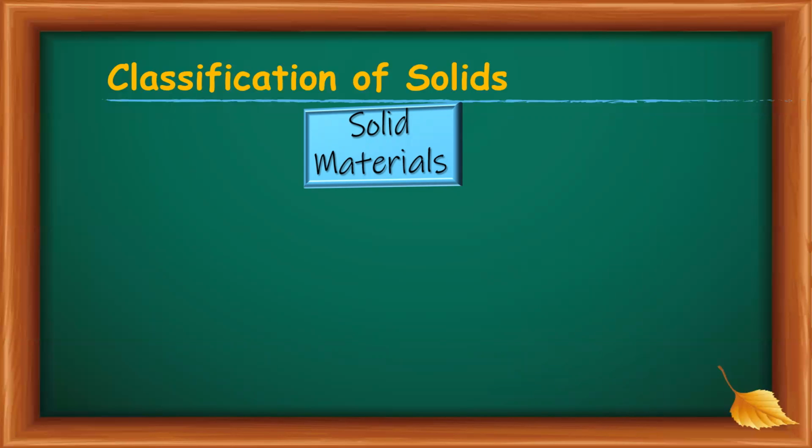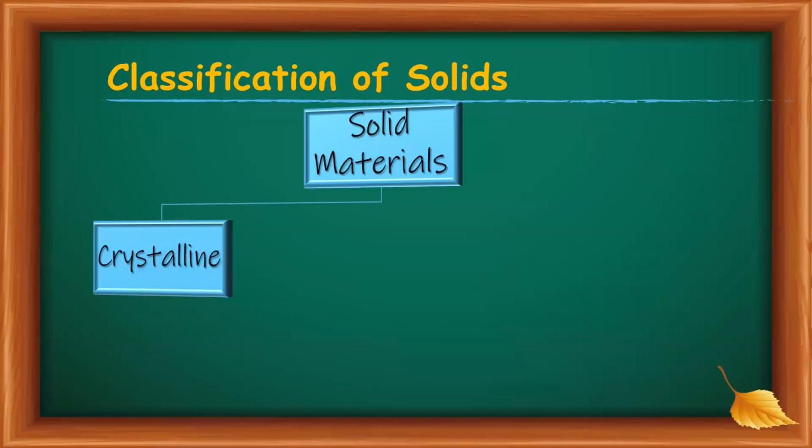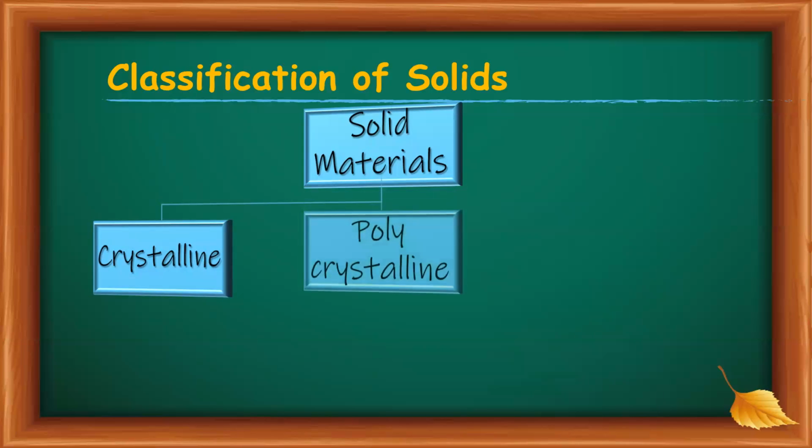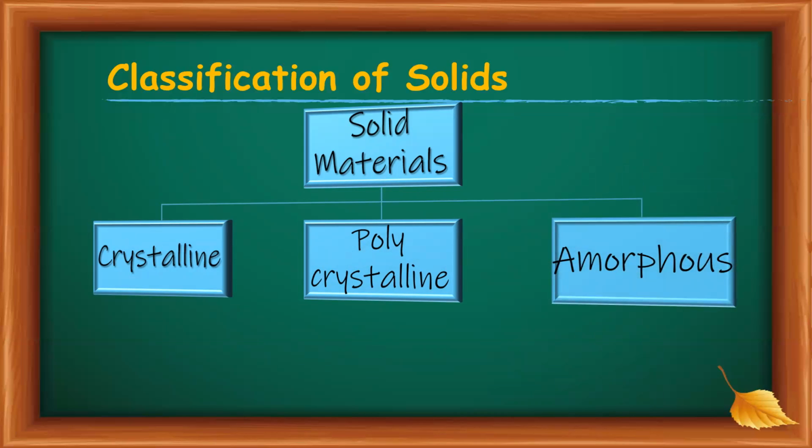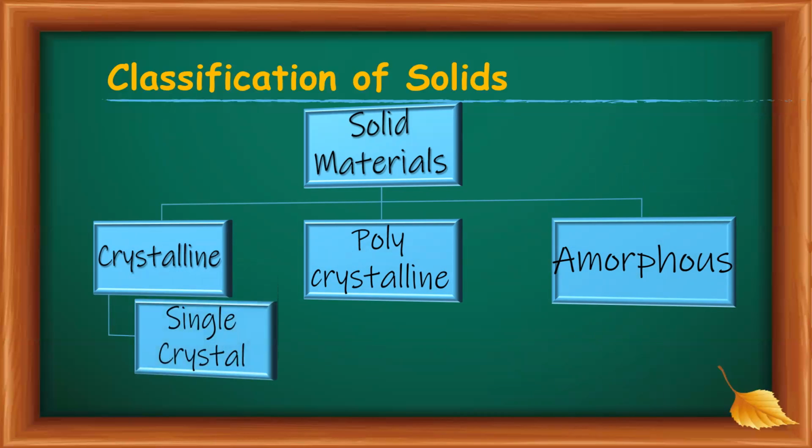So we can say that solid materials are classified into crystalline, polycrystalline and amorphous. And the crystalline is considered to be single crystal.